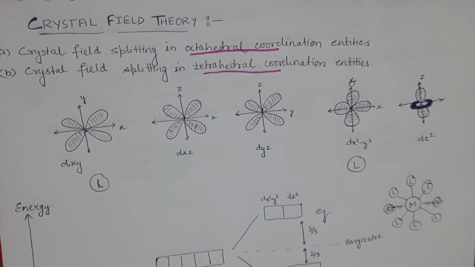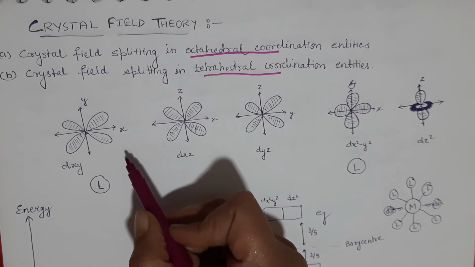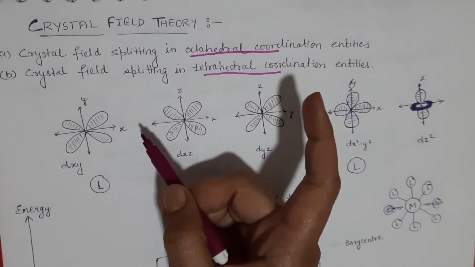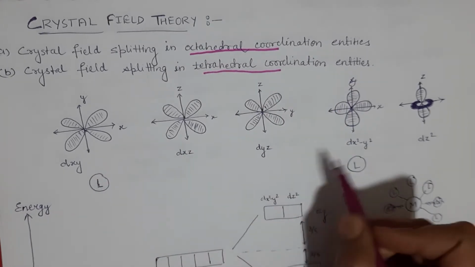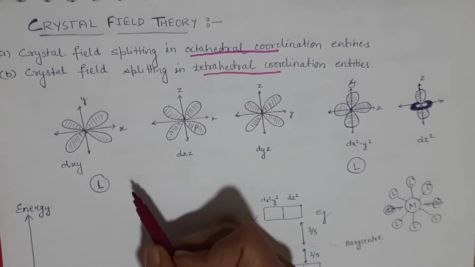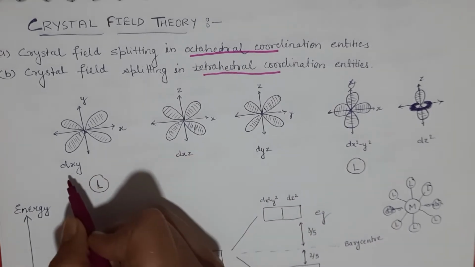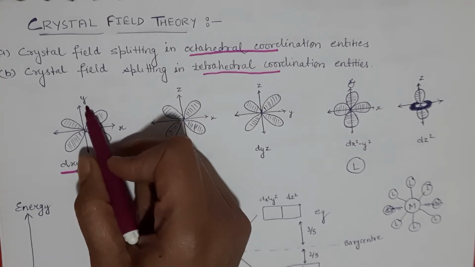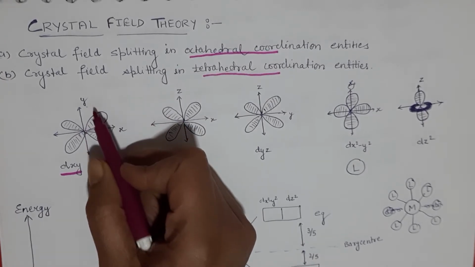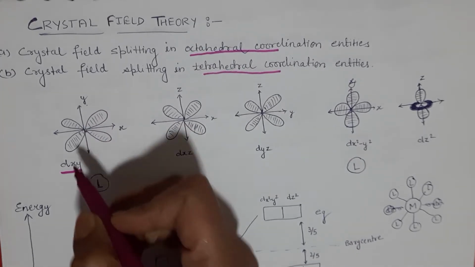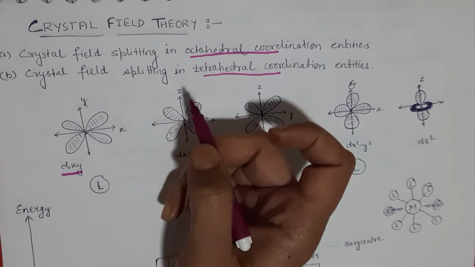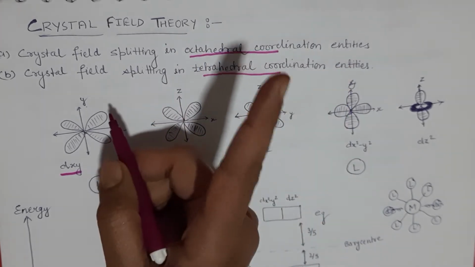As you have already studied the d orbital structures in class 11, here you can quickly recall all the orbital diagrams. dxy: the lobes are in between the x and y axes, and d orbitals, as you know, are double dumbbelled.